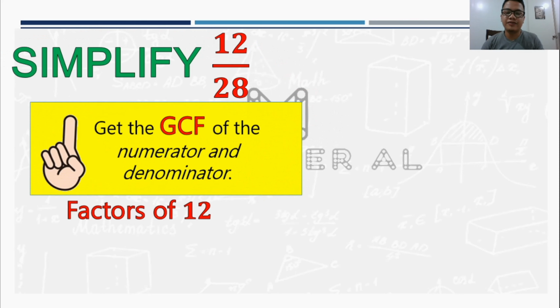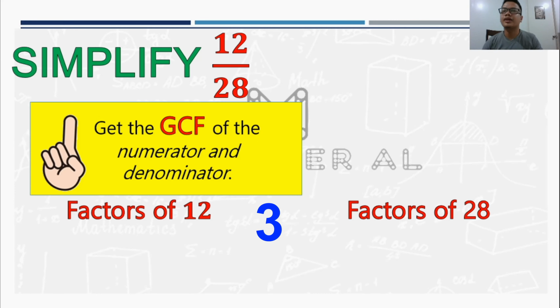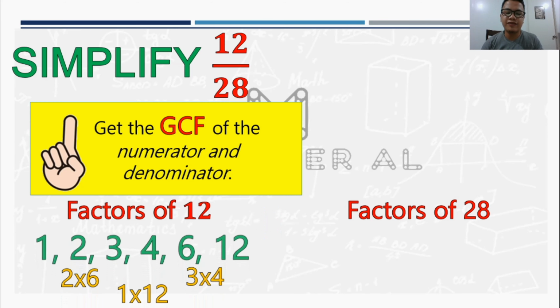Factors of 12, factors of 28. Factors of 12 are 2 times 6, 1 times 12, and 3 times 4.